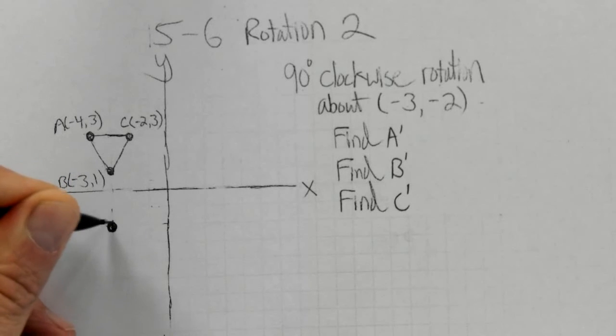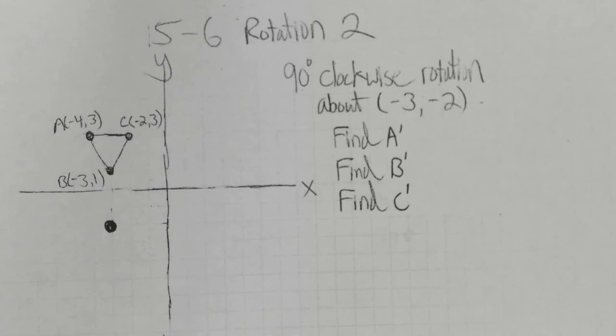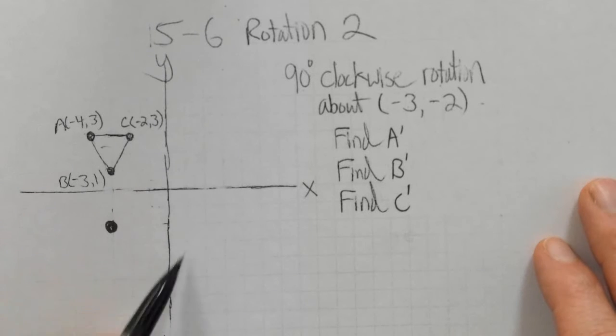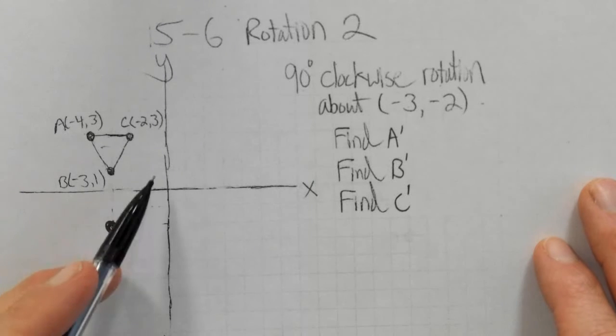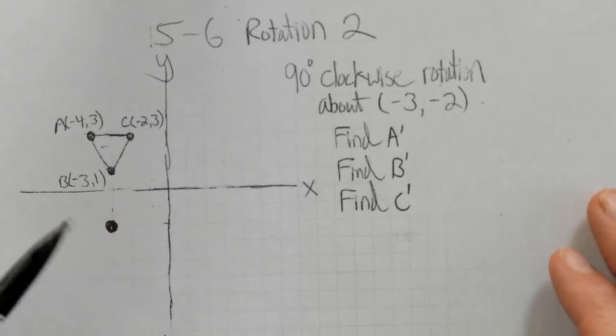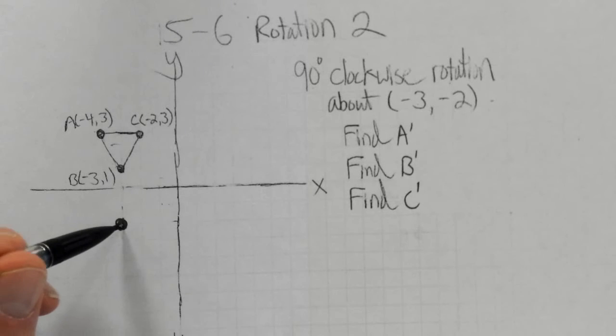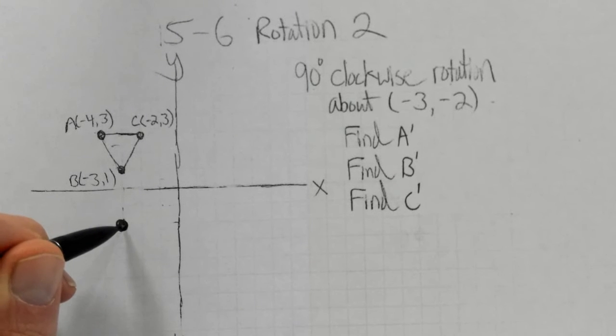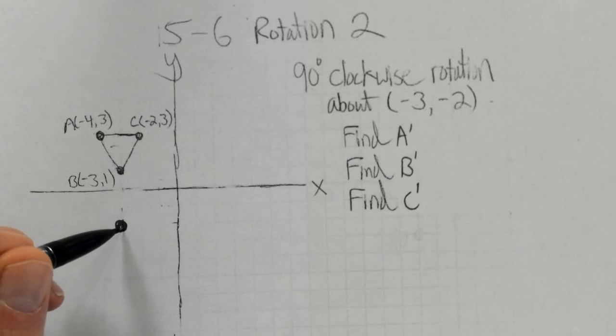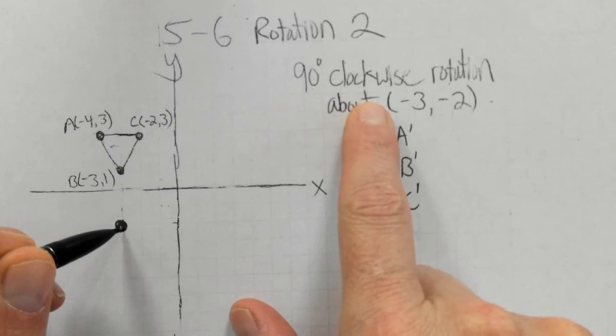So there is the center of rotation, and everything is now going to be rotating around this point, not 0, 0. That's the first thing to keep in mind. It changes the mechanics of the rotation just a little bit. You've got to make sure that you're putting your pencil on the center of rotation, not necessarily the center of the graph.